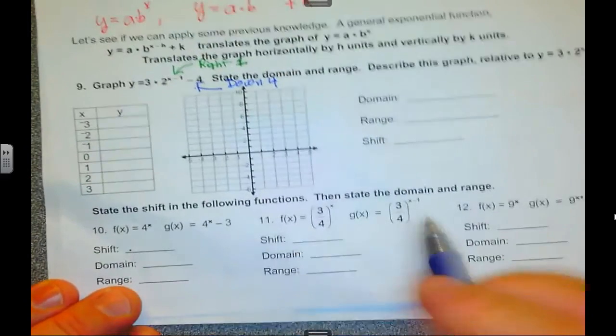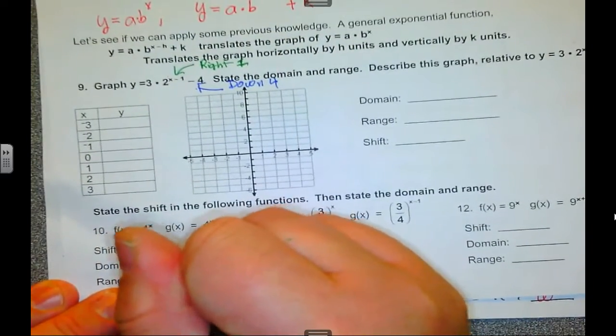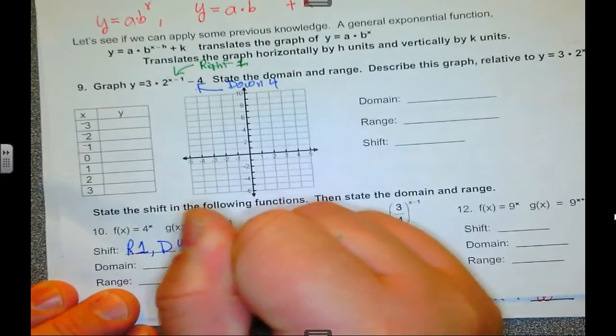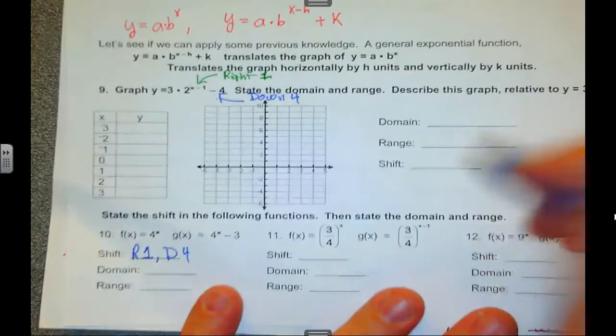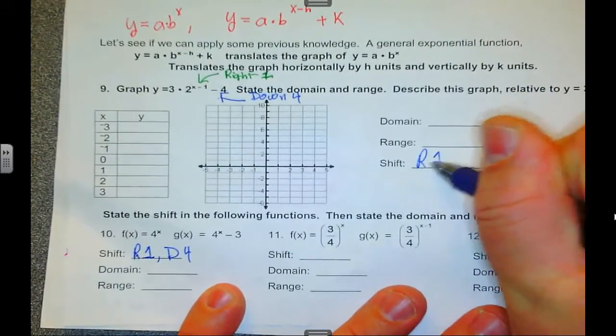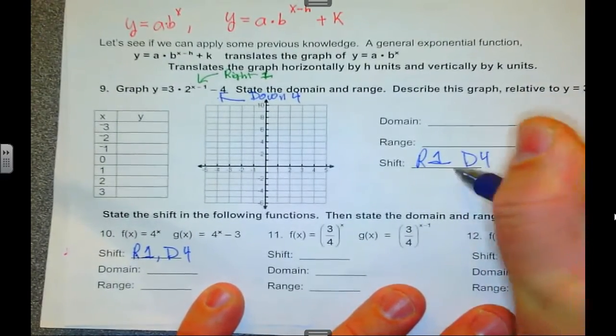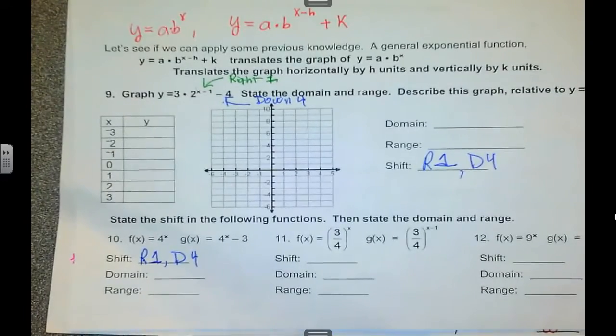We can put it here. Let's see. Right 1, down 4. Oh, I'm sorry. It goes here. Sorry, my fault. Okay, so my shifts are right 1, down 4.